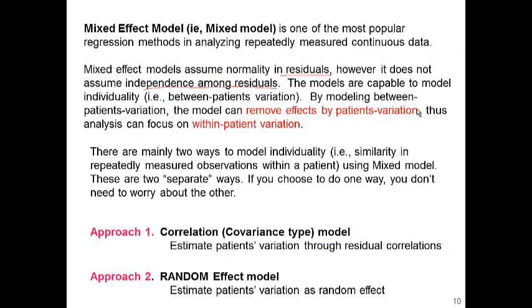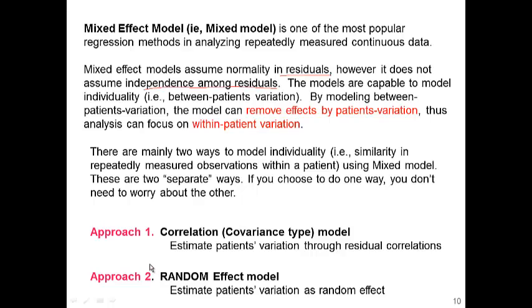And one way to deal with between-patient variation is to model correlation among repeated measures. And that's what we learned in a previous video. Okay, so high correlations indicate much variation between patients and less variation within patient. So we actually achieve the goal by modeling correlation. So today we are using a different approach.